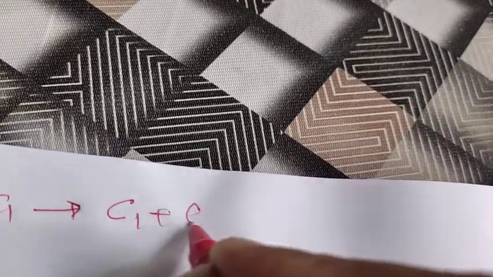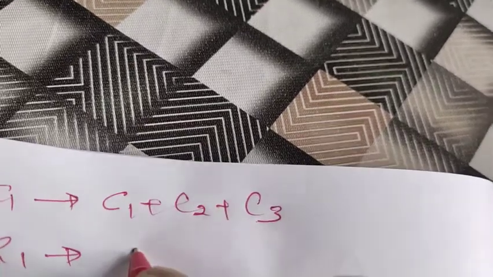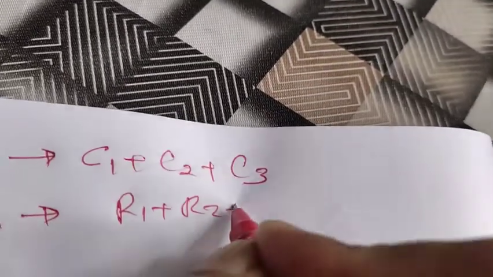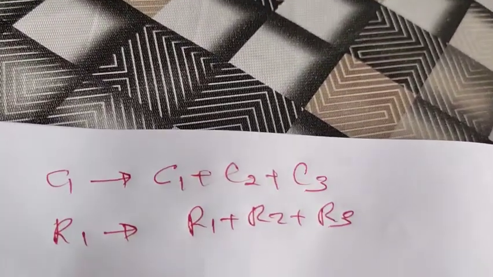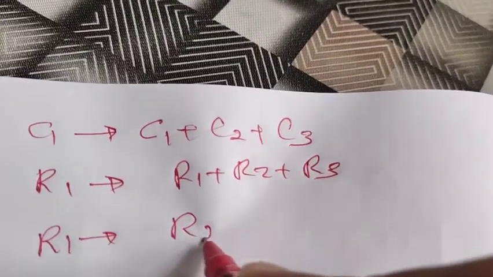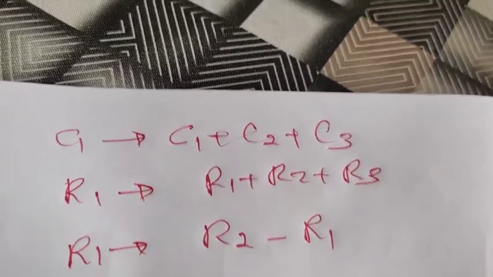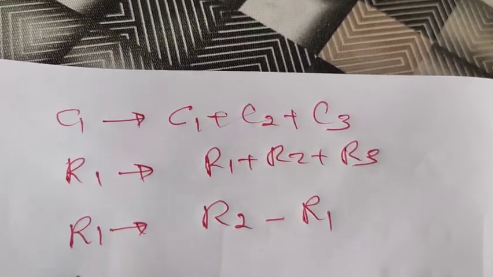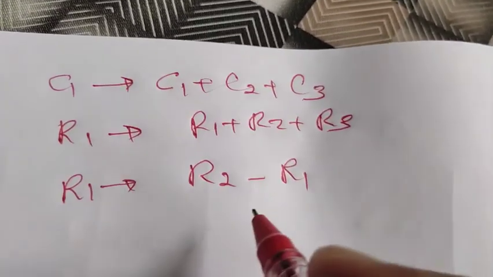Okay. Similarly, you can add columns like that. C1 you can write as C1 plus C2 plus C3. R1 you can write as R1 plus R2 plus R3. And also R1 can be written as R2 minus R1. Like that you can use these formulas for reduction of the determinant.